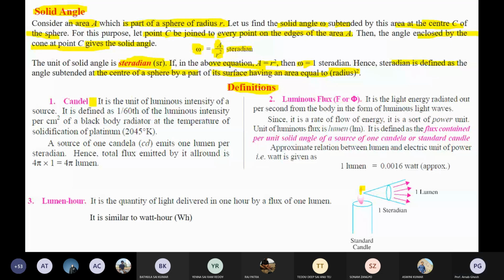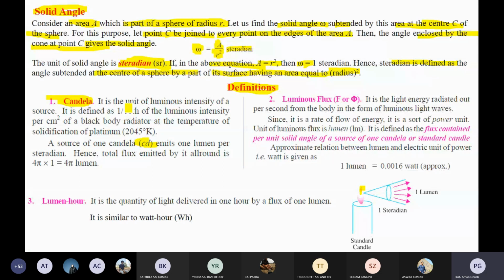It is defined as 1/60th of the luminous intensity per centimeter square of a black body radiator at the temperature of solidification of platinum, that is 2045 Kelvin. Normally degree is not written with Kelvin. It is similar to centigrade, about 1772 degrees centigrade.